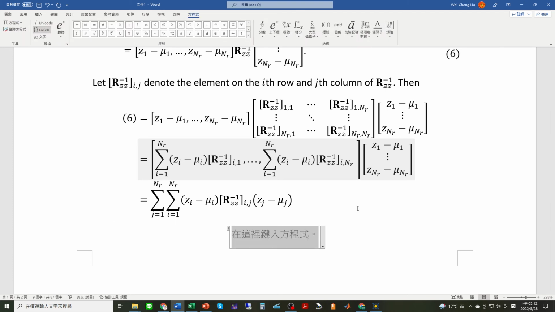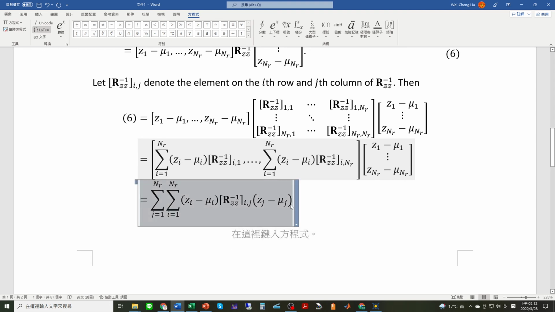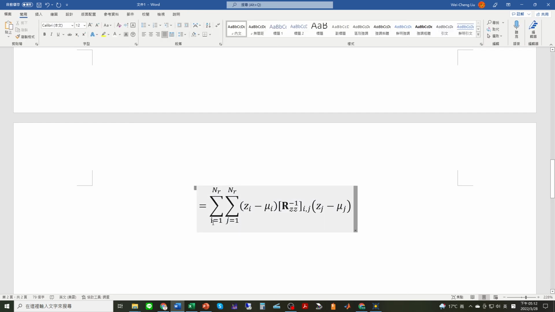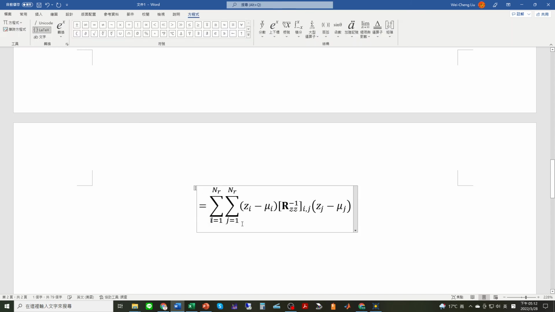This is equal to this equation, and I interchange I and J, and it does not impact the results here. So this J is italic, and this I is also italic. And this term remains the same.